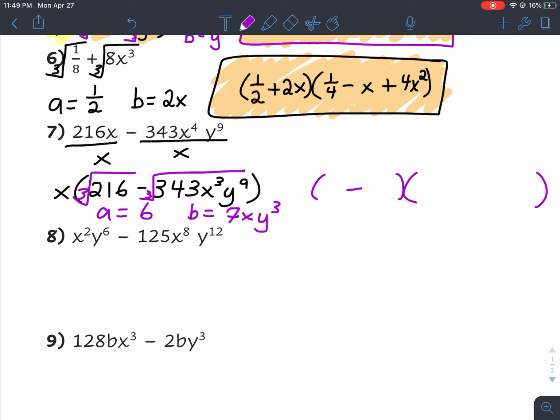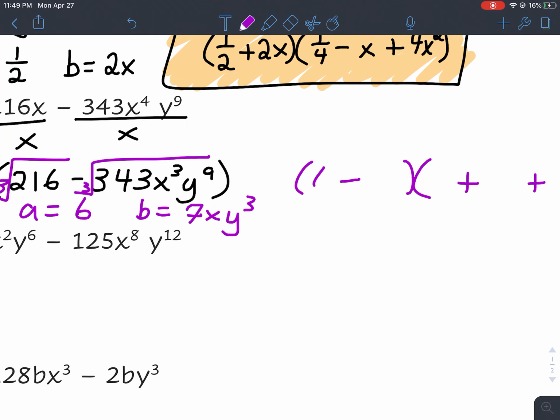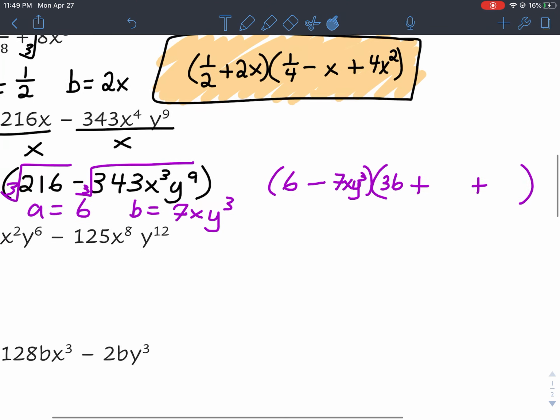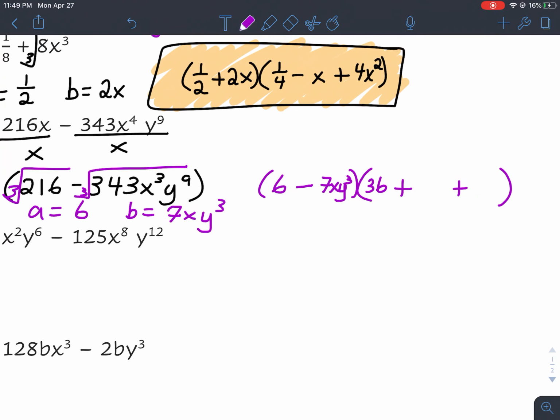Okay, now let's fill in our signs. So same sign as subtraction, opposite is addition, always positive. A is 6, B is 7x, y cubed. Okay, a squared would be 36. And then a times b would be 42xy cubed.